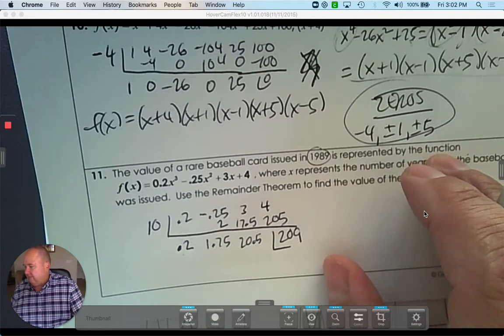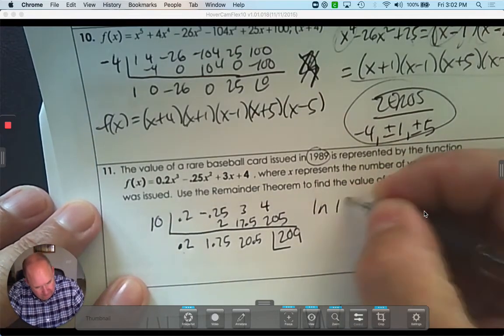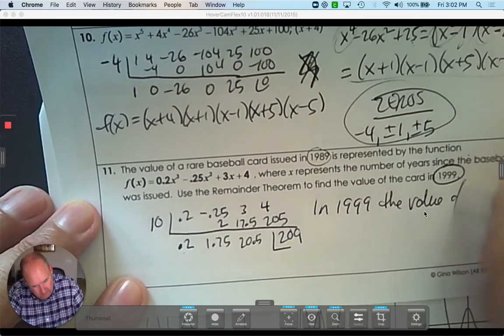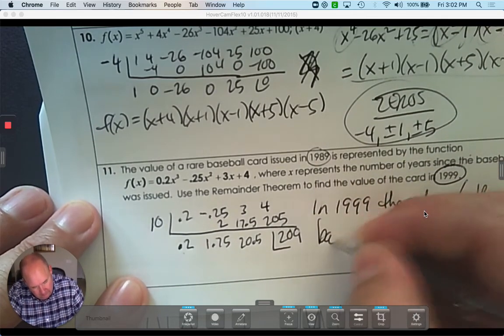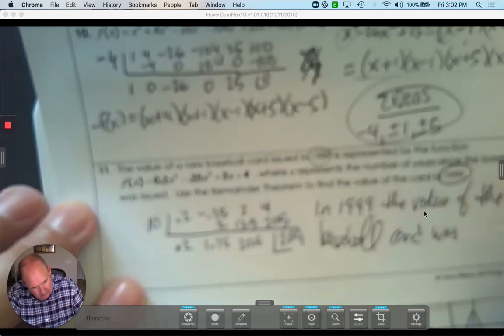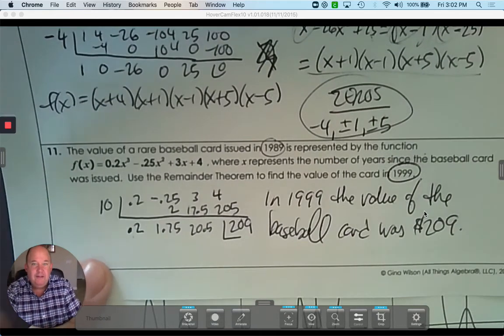Double check. Perfect. So in 1999, the value of the baseball card was $209.